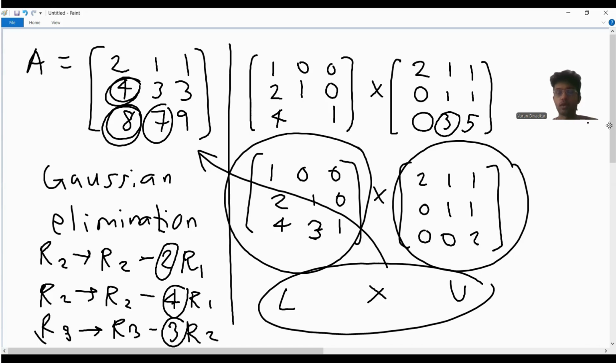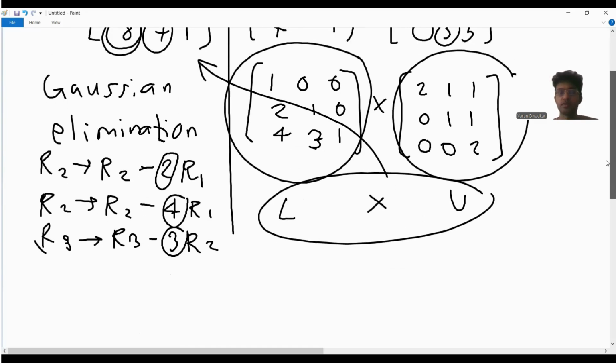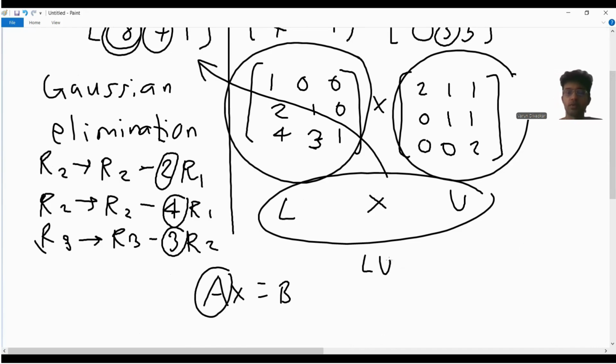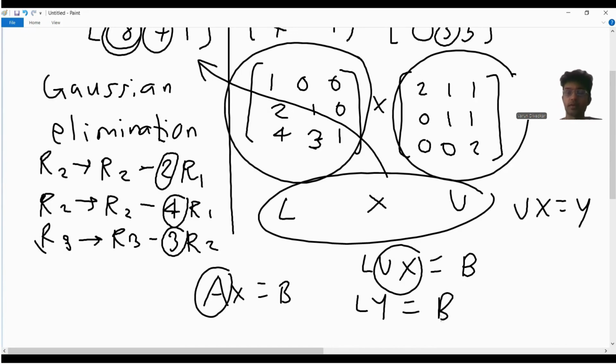So how do you solve a system of linear equations using this LU decomposition? You have your Ax equals B. Now your A has been decomposed to L and U, so this transforms to LUx equals B. What you do is substitute Ux equals Y, and then solve for LY equals B. So you get your Y1, Y2, and Y3.